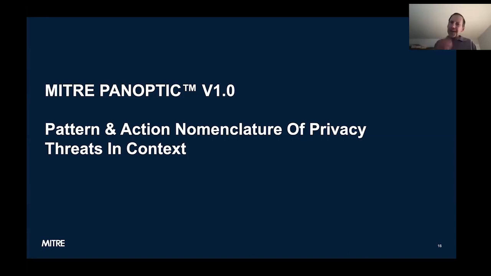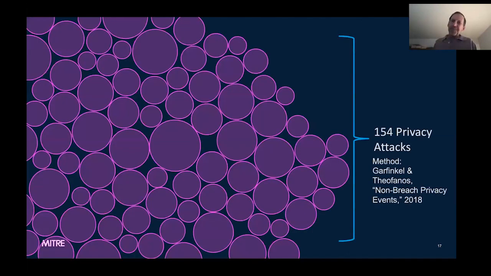All right, so how did we develop Panoptic? Well, we actually took our inspiration, not terribly surprisingly, from MITRE ATT&CK. MITRE ATT&CK was developed from the bottom up, from the ground up, based on a data set of actual empirical security attacks. And so we took the same tack with Panoptic.